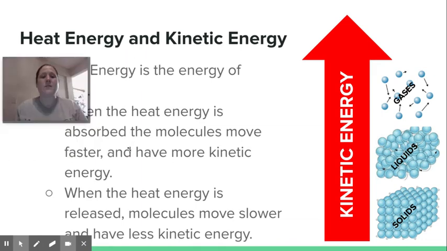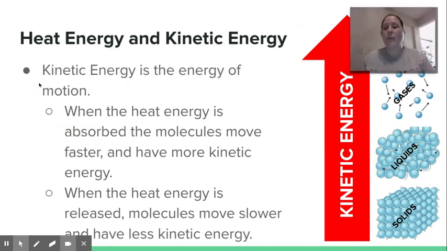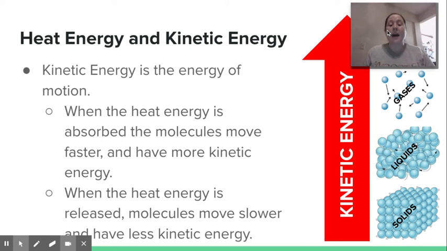So here are some slides to help you. Kinetic energy is the energy of motion. And when heat energy is absorbed, the molecules move faster and they're going to have more kinetic energy. And when heat energy is released, the molecules move slower and have less kinetic energy.